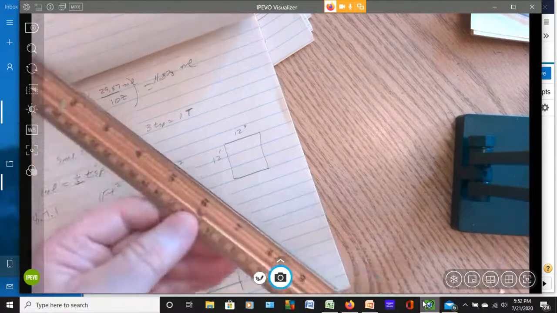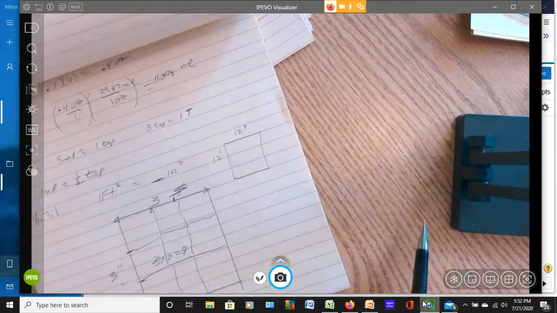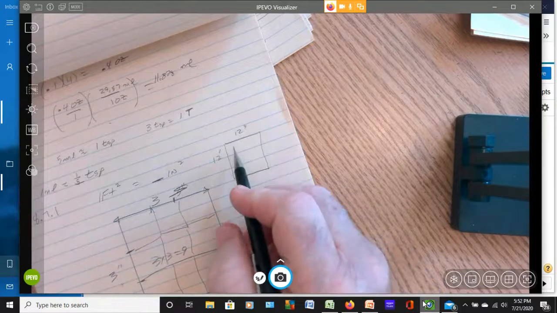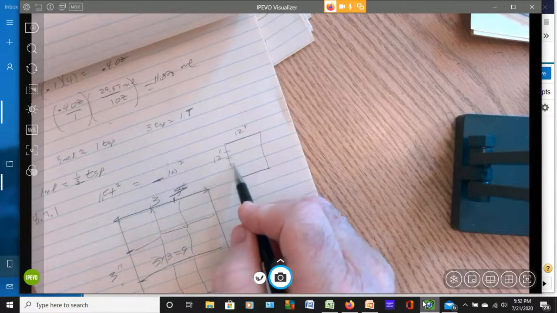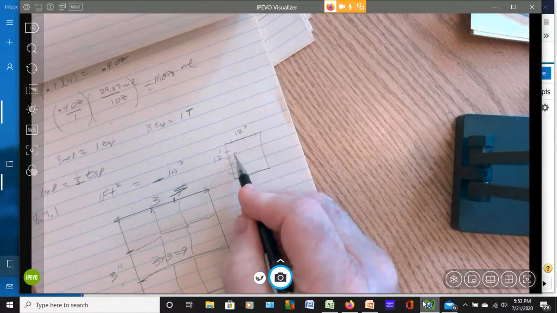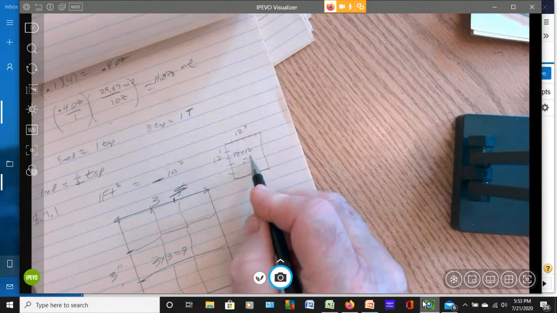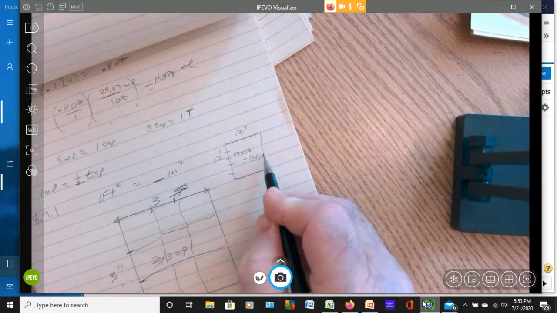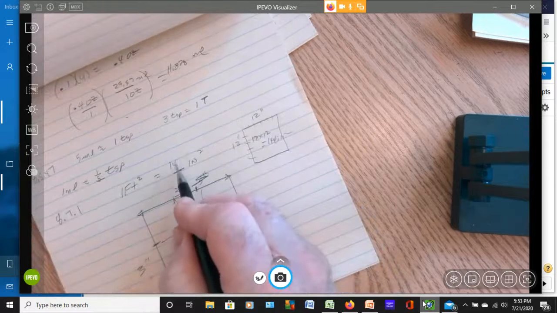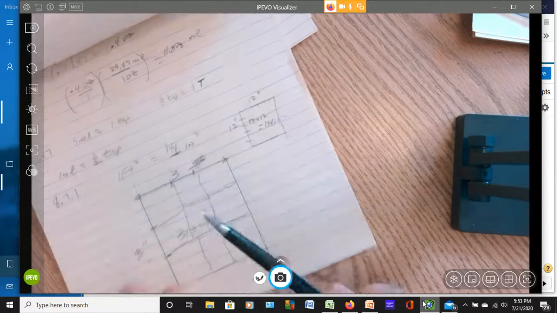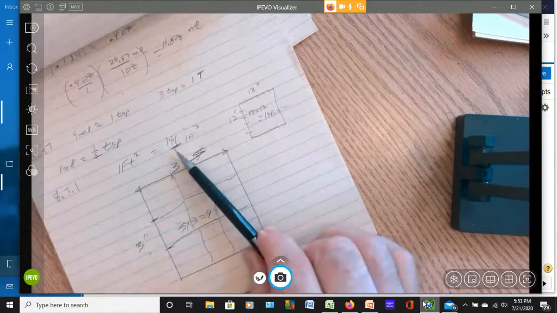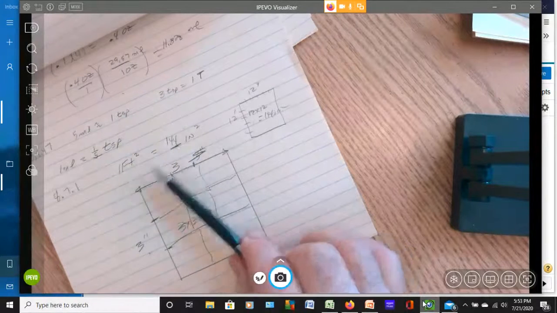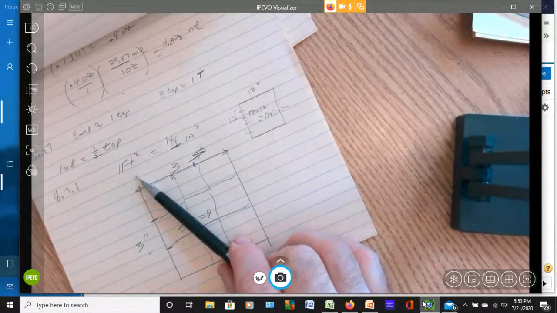You can't see it probably in my whole camera here, but you're familiar with that, I'm sure. So then what do we have here? Well, we have 12 by 12, so we have 144 square inches. So you see how that's working? It takes 144 square inches to make 1 square foot.